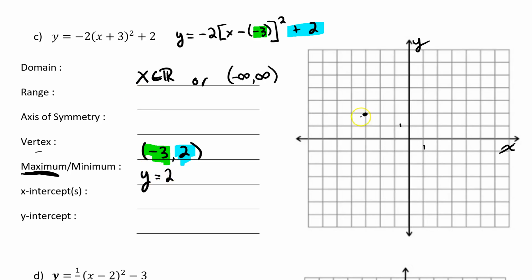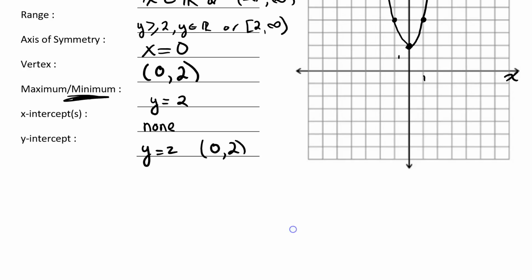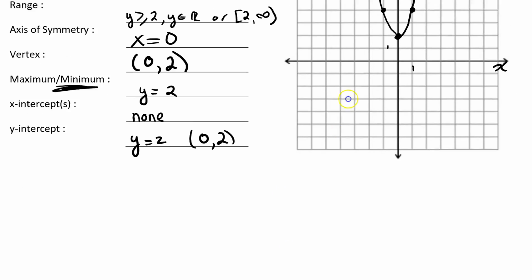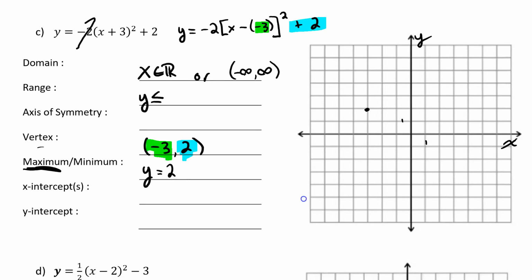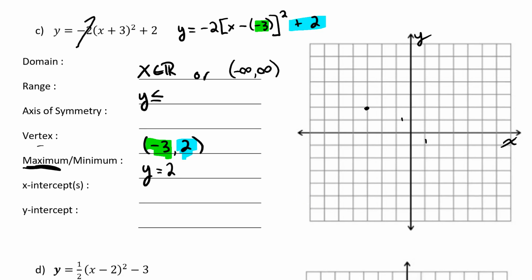Let's go to our range. Since we know that it opens down because of that negative in front, we are going to say that the range is y is less than or equal to, which is different, right? Because usually it's y is greater than if it opens up. But now it's going to be y is less than because it opens down.